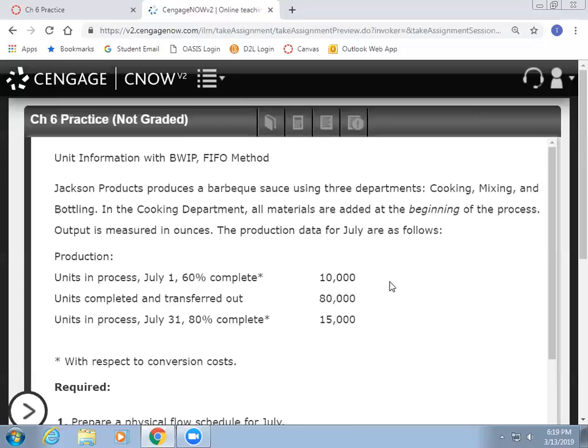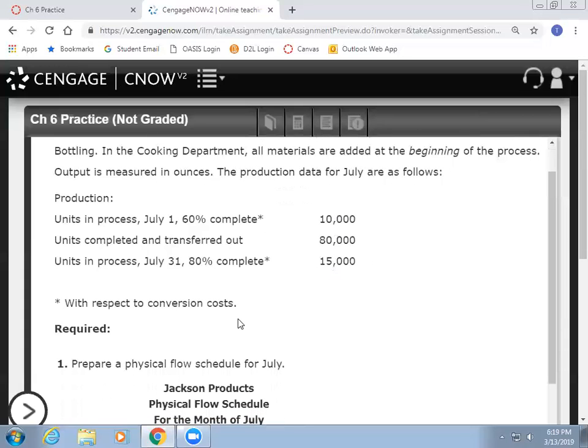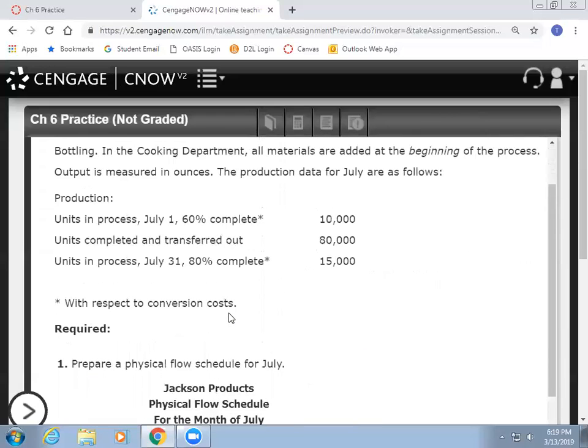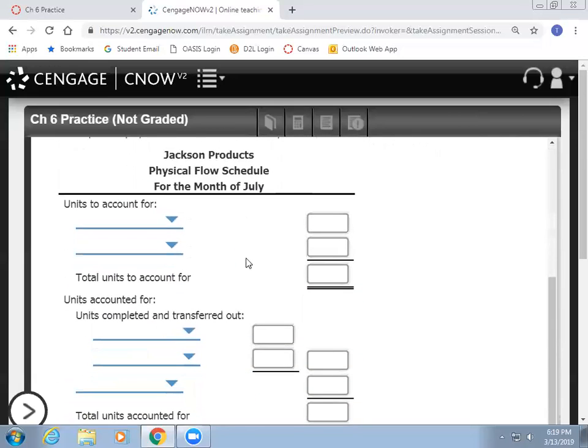The first thing we're going to do is the physical flow schedule. They didn't tell us how many were started in the current period, so we have to calculate that. That's the only part where I think it gets a little tricky on the physical flow schedule.